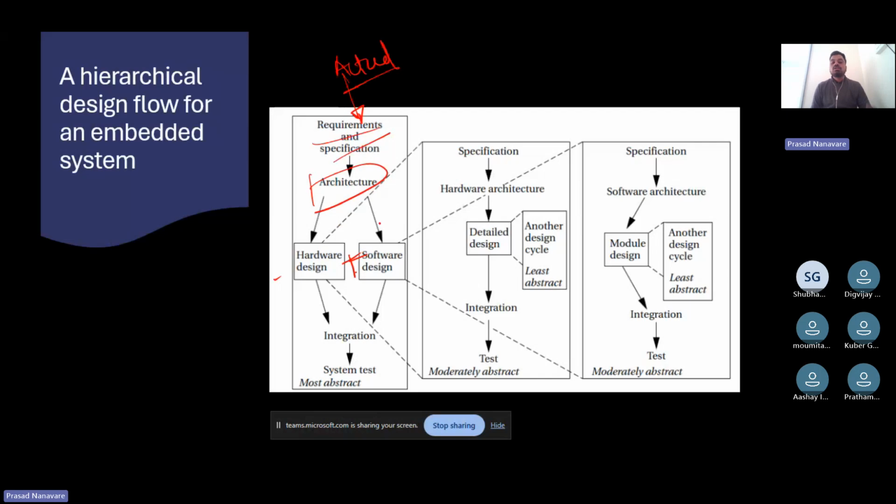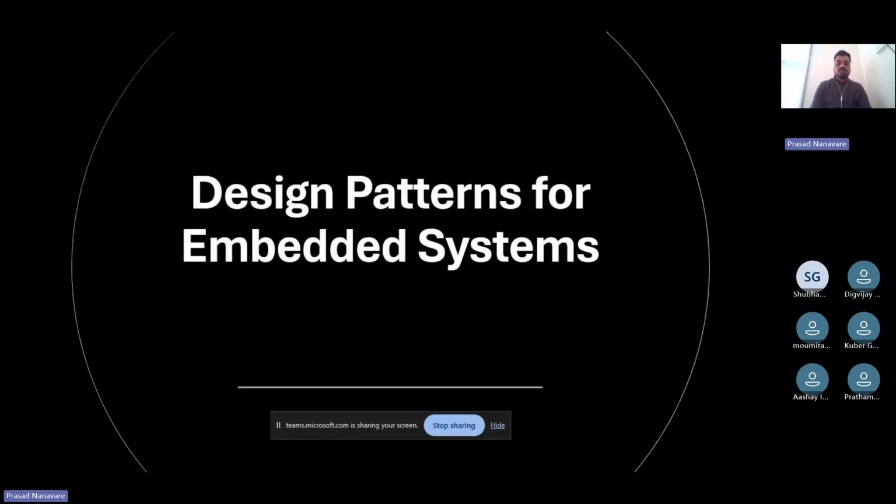And if we further expand the hardware and software design blocks, then you will see similar things happen again in these systems, because these are two independent systems in themselves. So these two things happened independently already over there, and then came over here, and then the integration happened, and then the system has got designed.